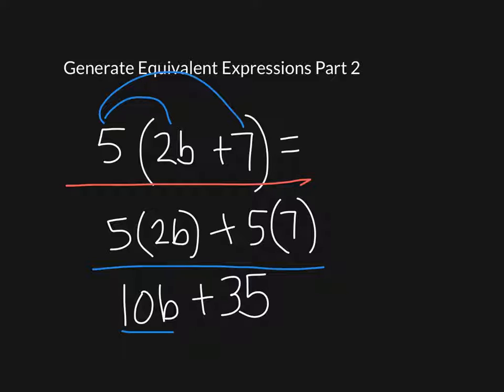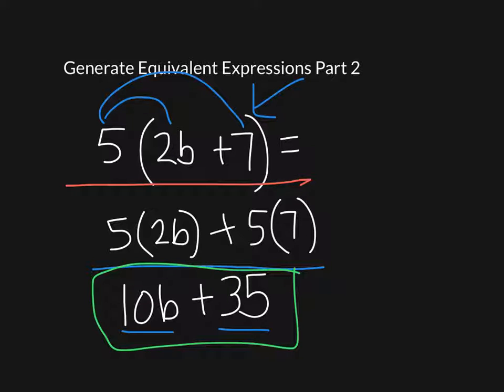And 5 times 7 is going to be 35. So this expression right here, 5 times the quantity 2b plus 7, is equivalent to this whole expression here as well, because they're the same thing, they're just written differently.